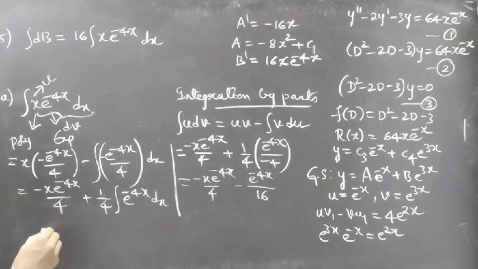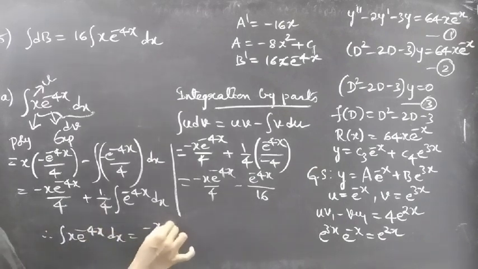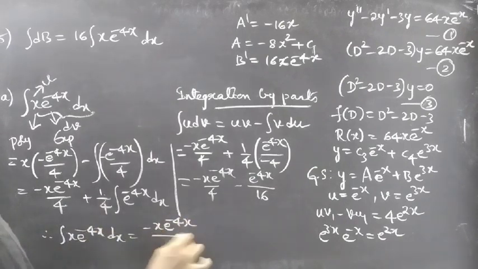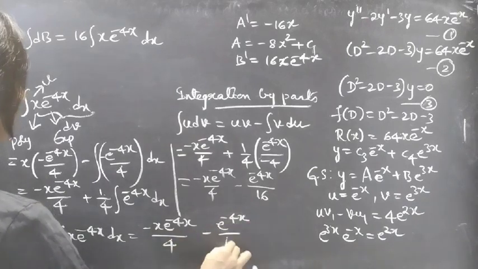Therefore integral x e power minus 4x dx is minus x e power minus 4x by 4 minus e power minus 4x by 16.